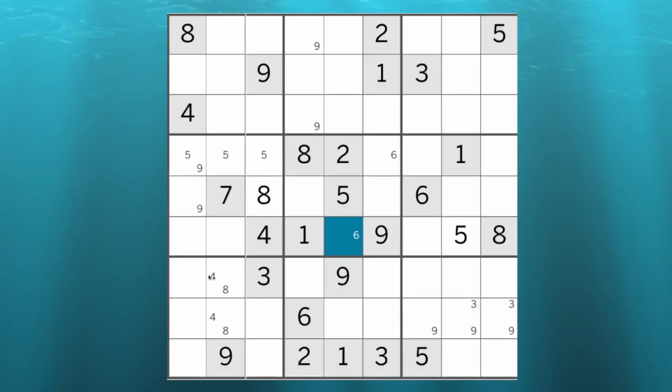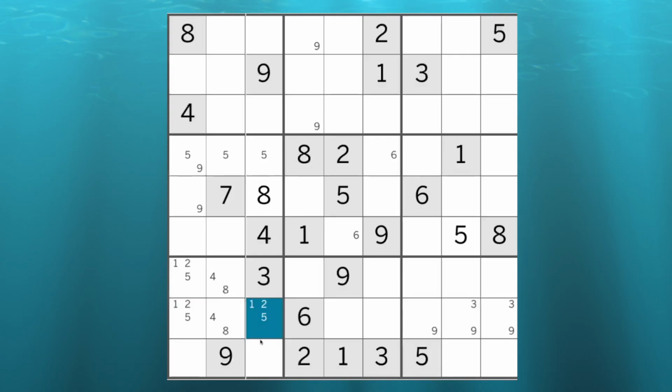This box here needs a 1, 2, and a 5. And these remaining boxes. But 1, 2, and 5's here, so it can't be in these two. So these are a trio of 1, 2, and 5.